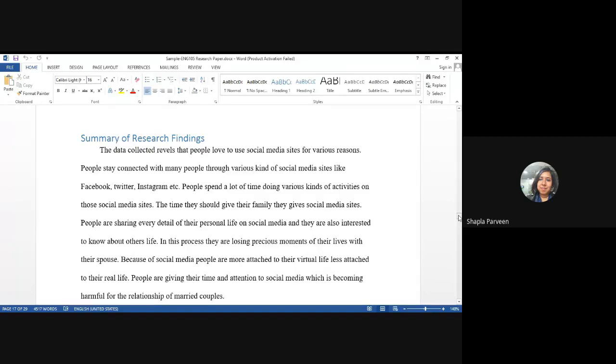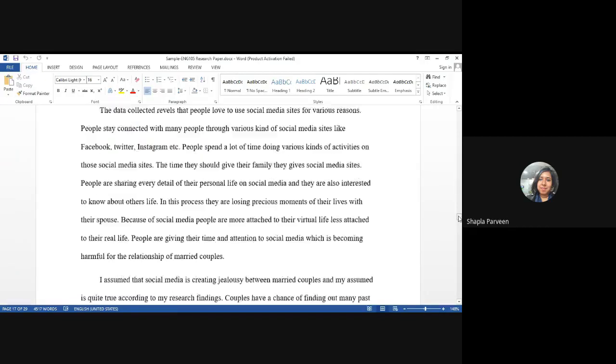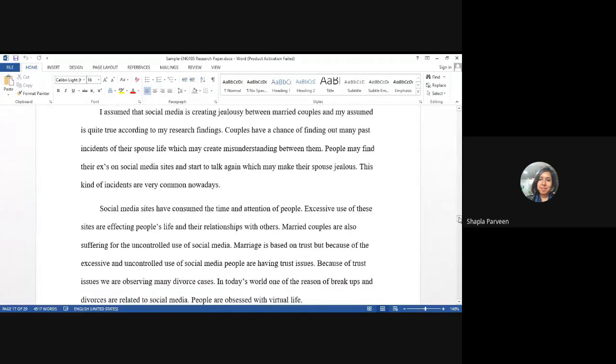We always have some predictions, but we don't know the true value of our predictions unless we do systematic research and find out the truth. That's why you need to find out how much of your expected results were true, or how much it matched, and how much it didn't match. So please mention that in the summary and discussion section.